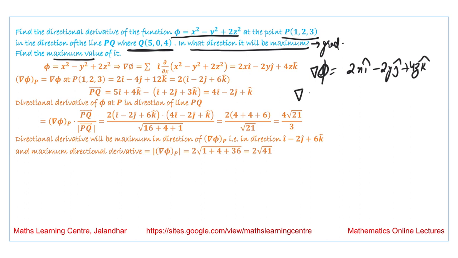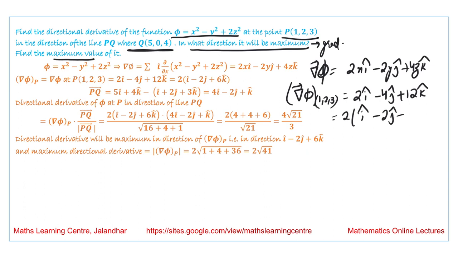At the point (1, 2, 3), we obtain 2 i cap minus 4 j cap plus 12 k cap, which is 2 times (i cap minus 2 j cap plus 6 k cap).